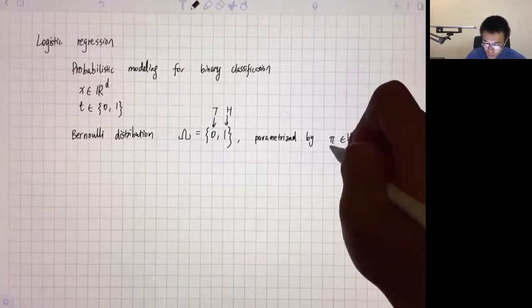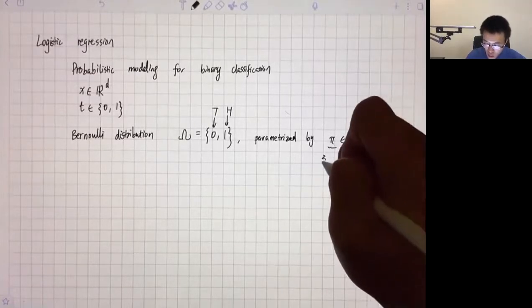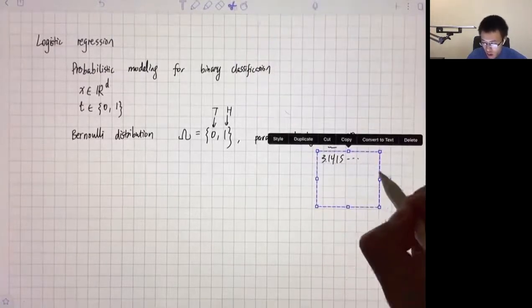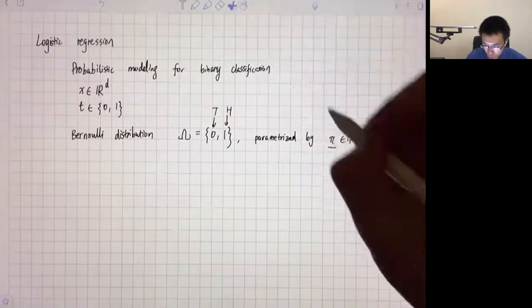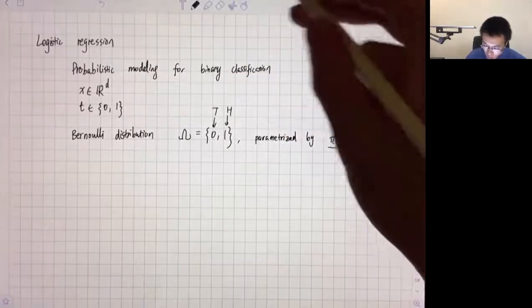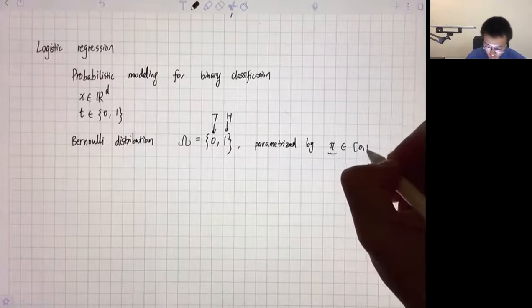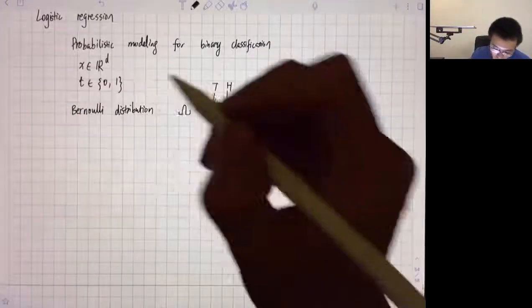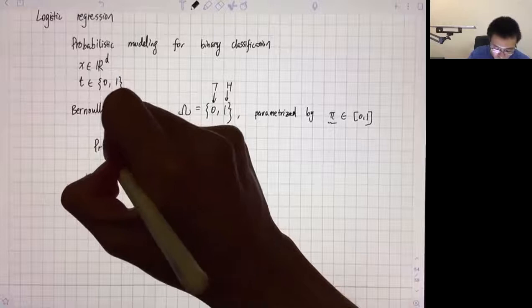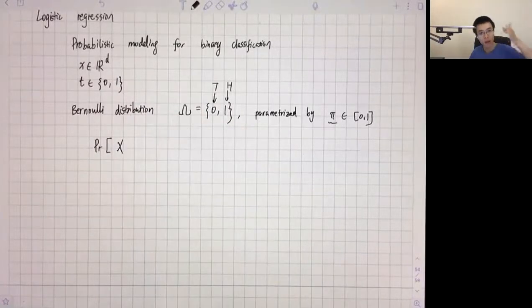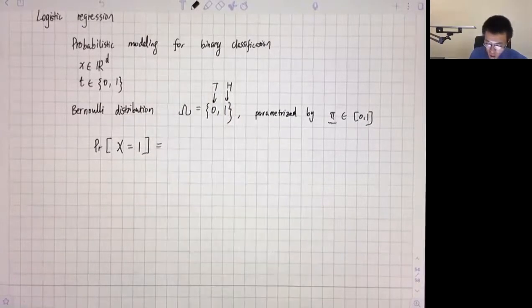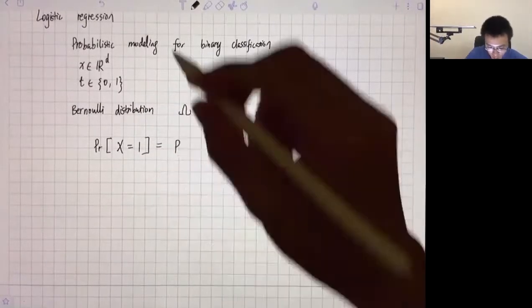This pi is not 3.14159 and so on. This pi is just a parameter, more specifically in the range of 0 and 1. A Bernoulli distribution is parameterized by a single number such that the probability that my outcome is 1, when I toss a coin, is pi.